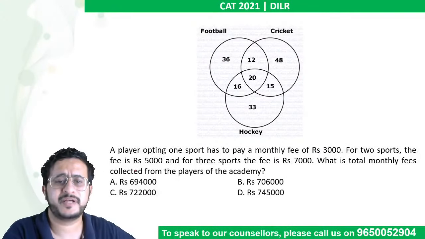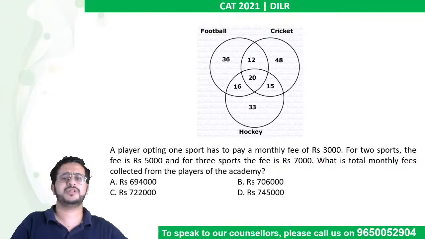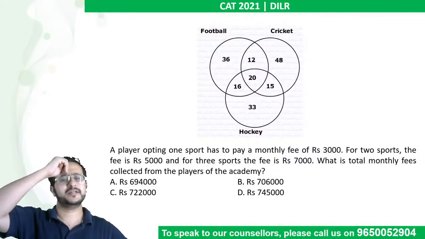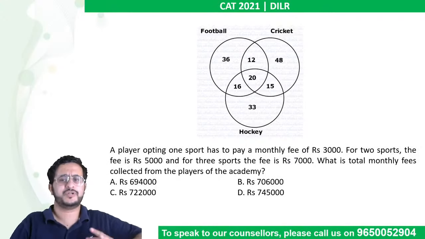For 2 sports, the player has to pay 5000, and for 3 sports, the person has to pay 7000. You have to tell what is the total money collected from all the players of the academy, right? So there are these many players in the academy. You have to tell the total fees collected from these players, right?